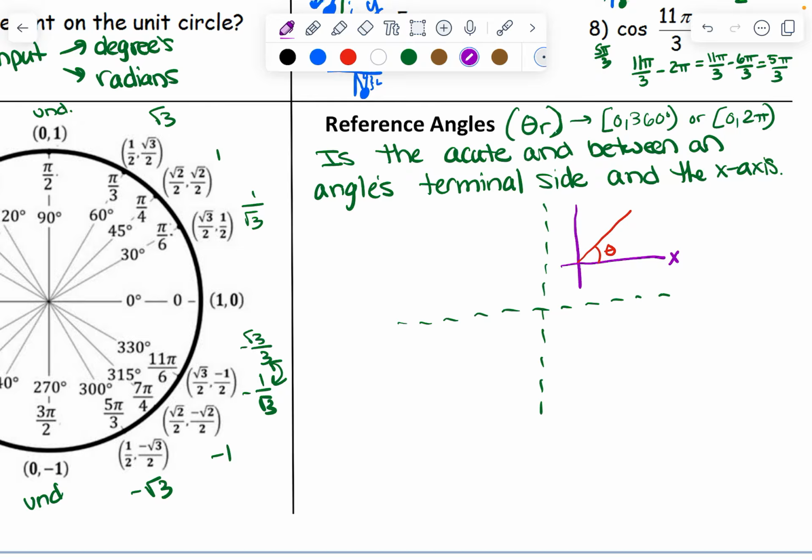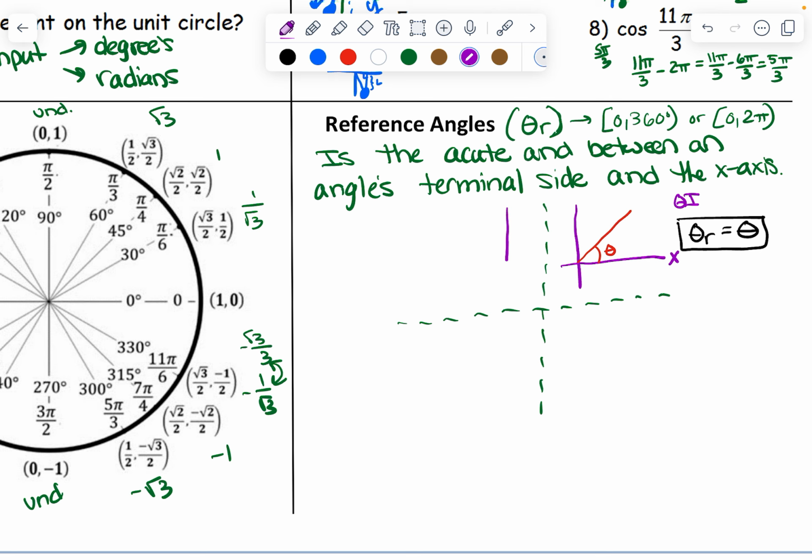So it's the acute angle between an angle's terminal side and the x-axis. That means in quadrant 1, theta sub r is equal to theta. We don't need to change anything, because it's already less than 90 degrees.